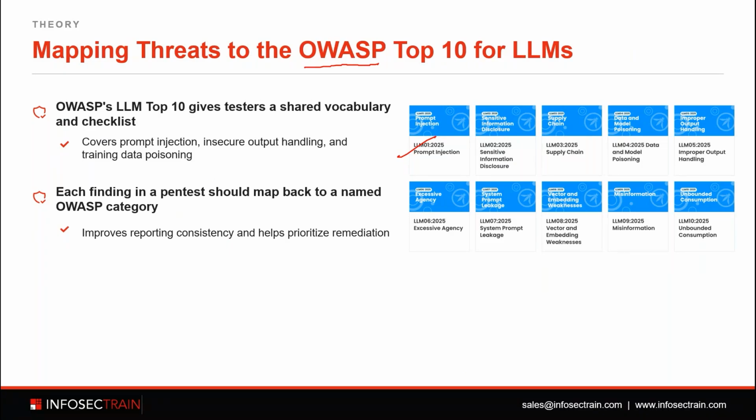So malicious input overrides the system instructions. Hidden commands and user queries will exfiltrate the sensitive data. Then there is sensitive information disclosure. So models unintentionally leak confidential data, like a summarization, for example, reveals private customer records.